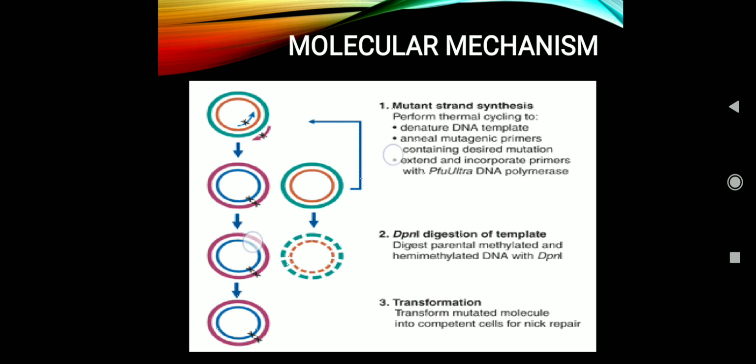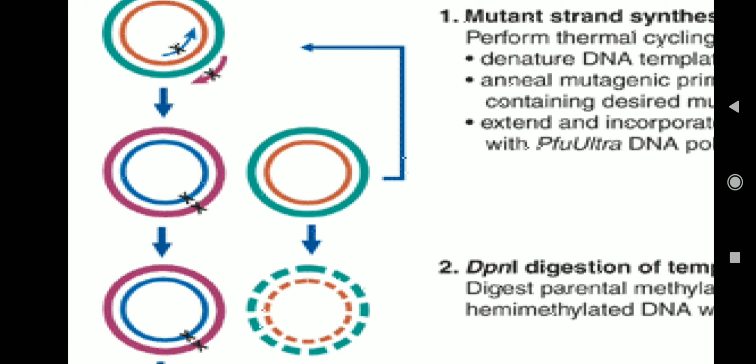You can see in this diagram there is a cross mark which says that the primers are mutated. The gene of interest is any part of the DNA that we have to mutate.